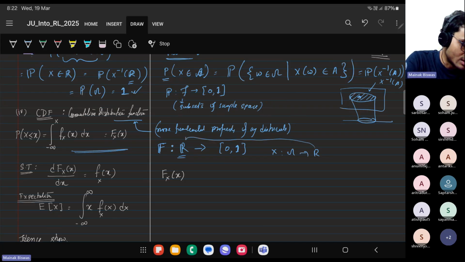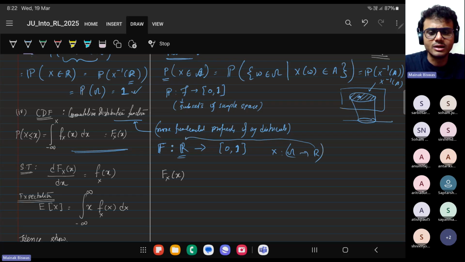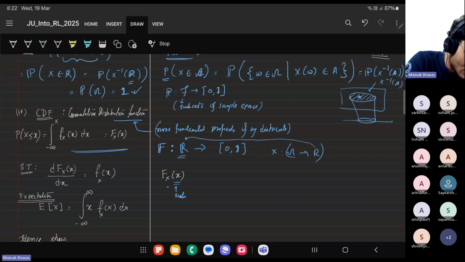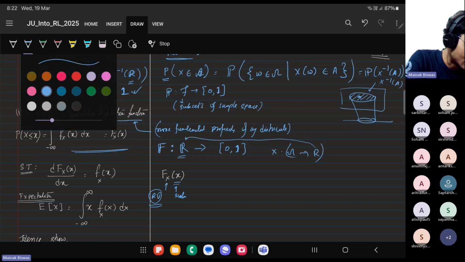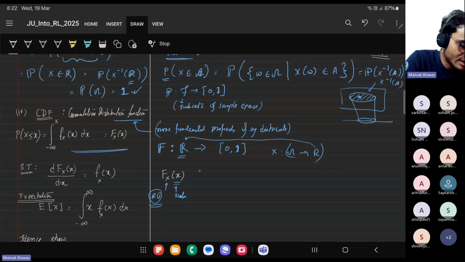Sorry, I wrote omega there, but X is actually the mapping between omega and R. So for a random variable X, given a value x, which is a scalar, this subscript is the random variable, which you are not going to change. This is the function, the small x.